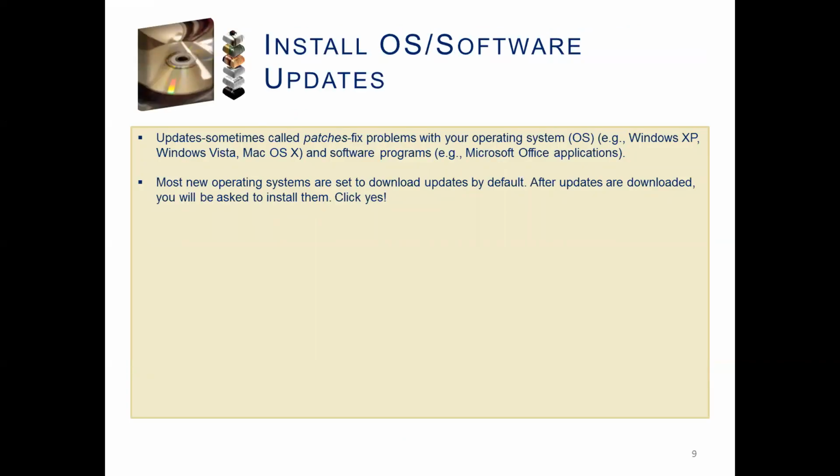Install operating system and software updates. Updates, sometimes called patches, fix problems with your operating system, such as Windows XP, Windows Vista, MacOS, Unix and others, and software programs such as Microsoft Office applications, databases, and others.